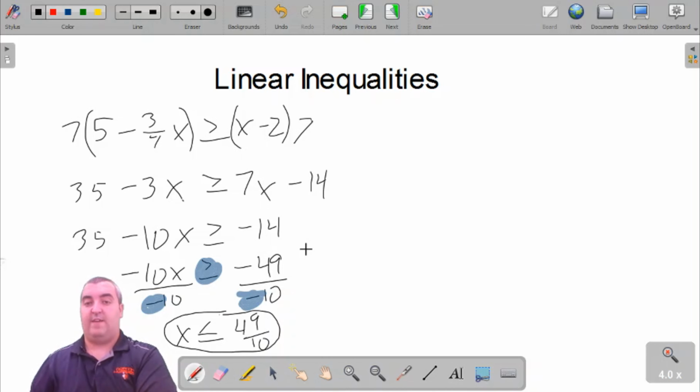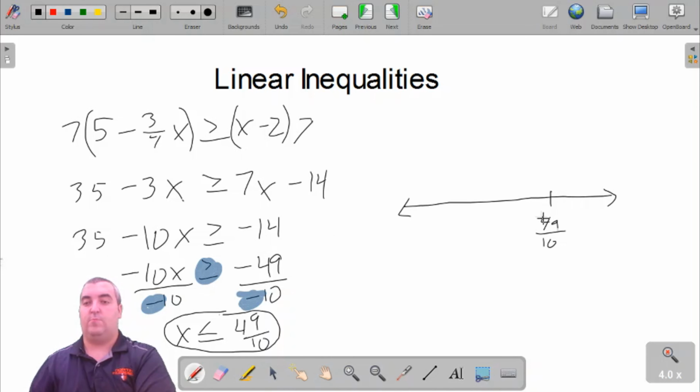Now, to graph it, remember we graph these linear ones on a number line. Since it's just a basic inequality here, we're going to go ahead and just put that tick mark. Depending on your teacher, you may need more.